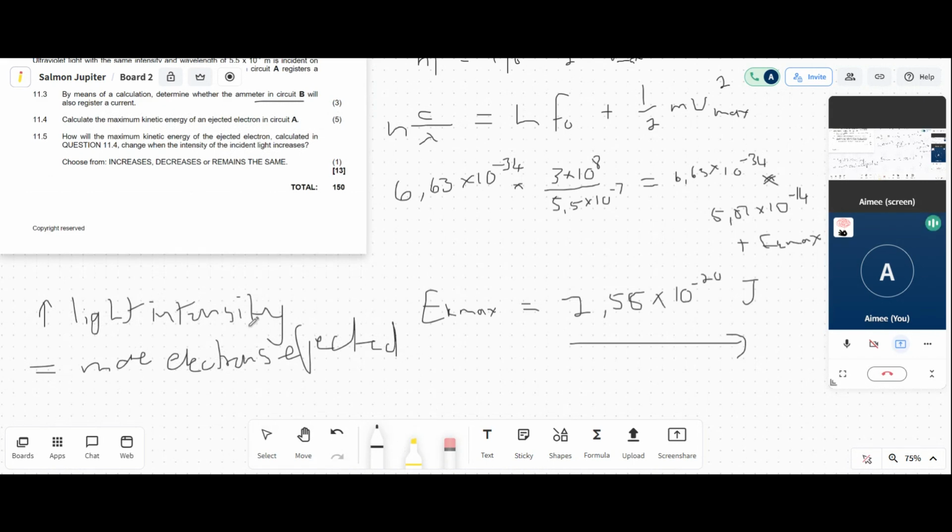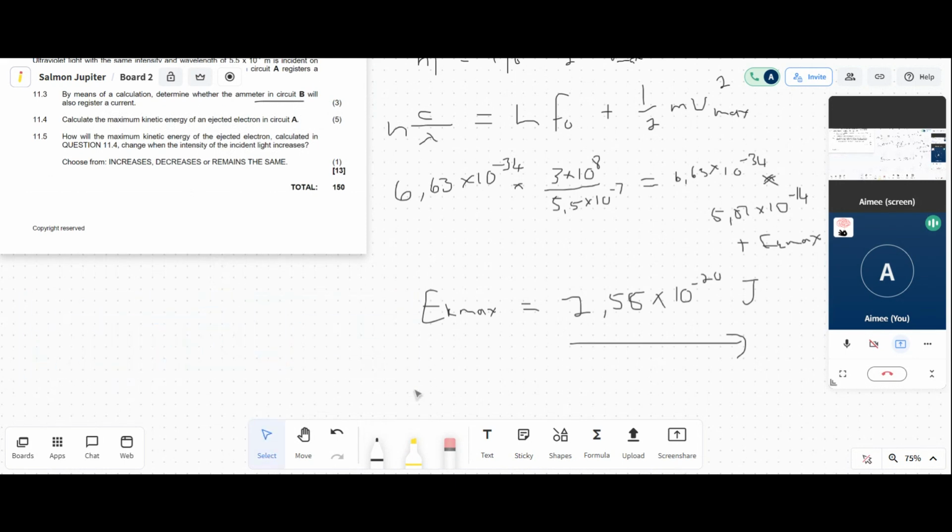Increasing the light intensity, so you're not changing the frequency, you're changing the intensity. You're changing how bright it is, how intense it is. That's going to mean more electrons are ejected from the surface of the metal. But they're not asking about the number of electrons, they're asking about the kinetic energy of the ejected electrons. And the only way for you to increase the energy of the ejected electrons is to increase the frequency of your incident light.